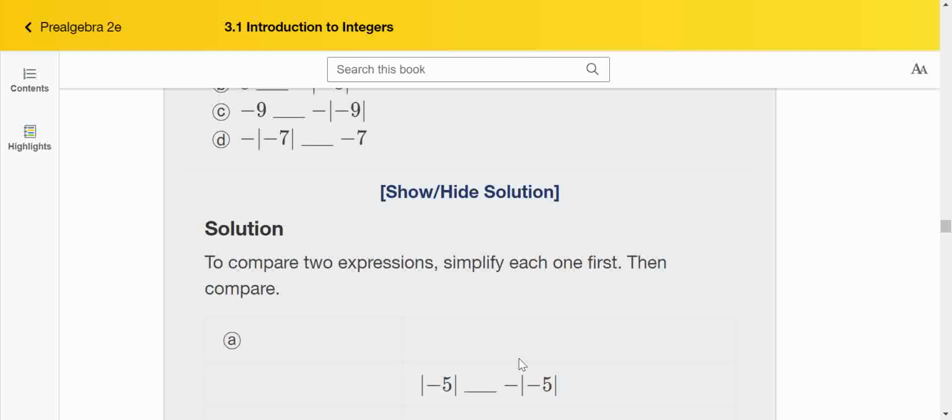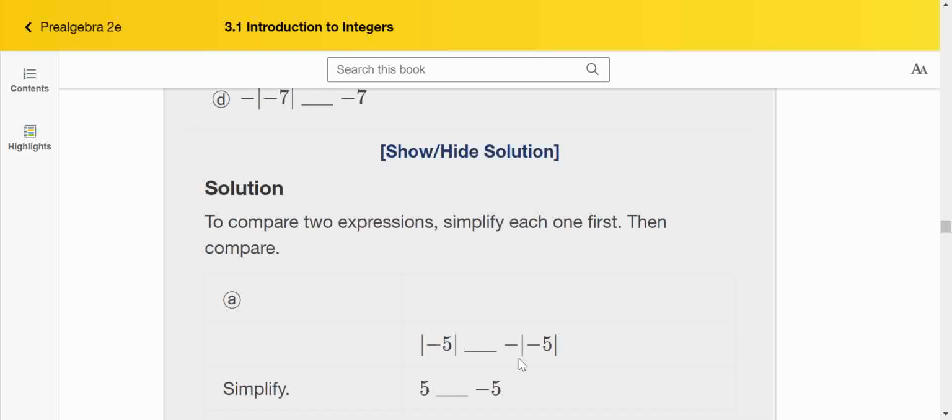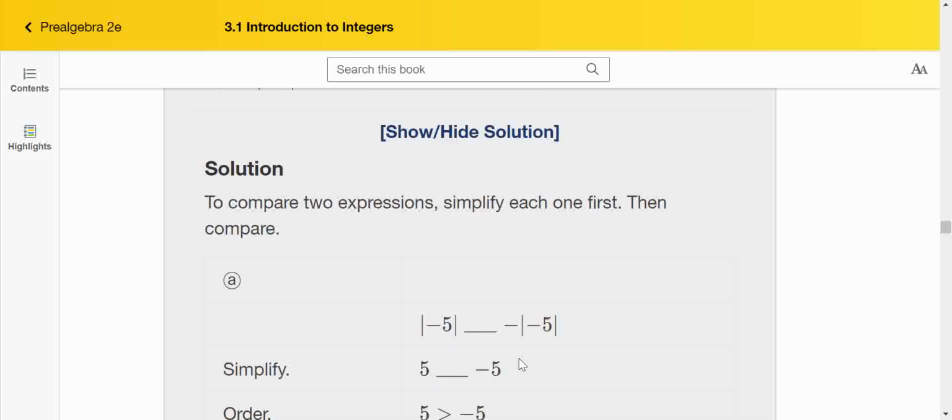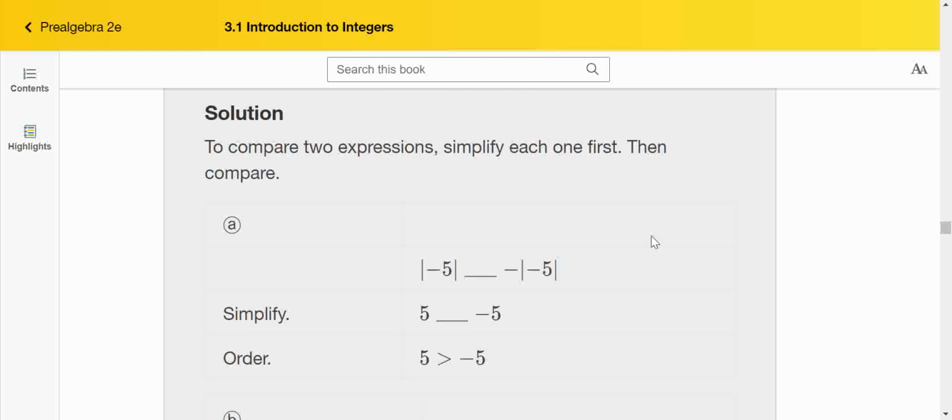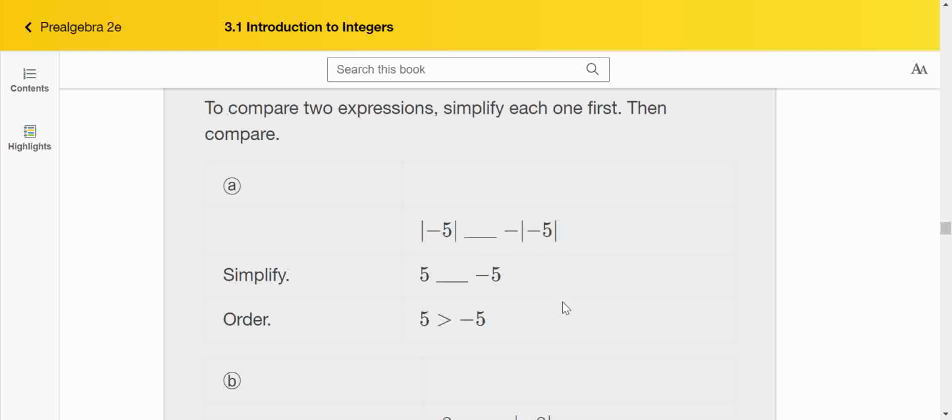Solution. To compare two expressions, simplify each one first, then compare. So here they simplify for A, the left and the right side, and then they order it. And you find that 5 is greater than -5.